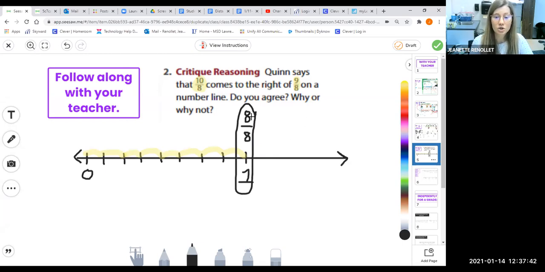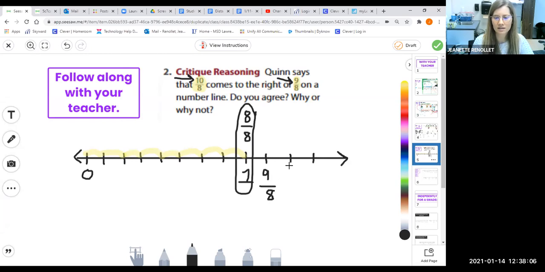All right, my numerator, he's talking about 10/8 and 9/8. So I need to keep going, and I'm going to partition about the same size. Okay, here's 8/8. So I know this one would be 9/8.